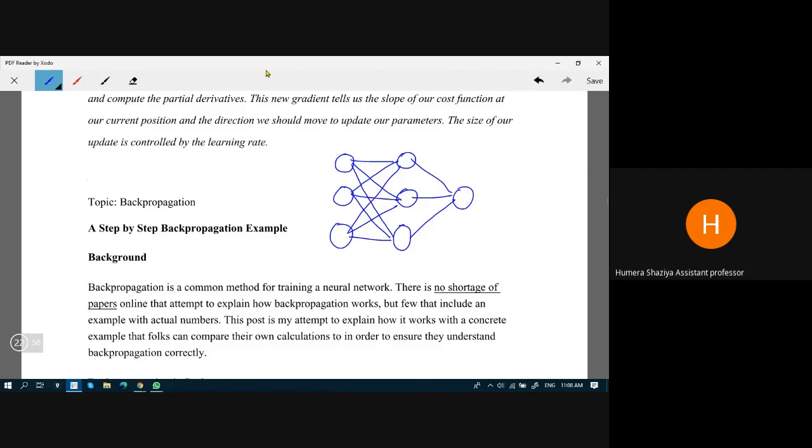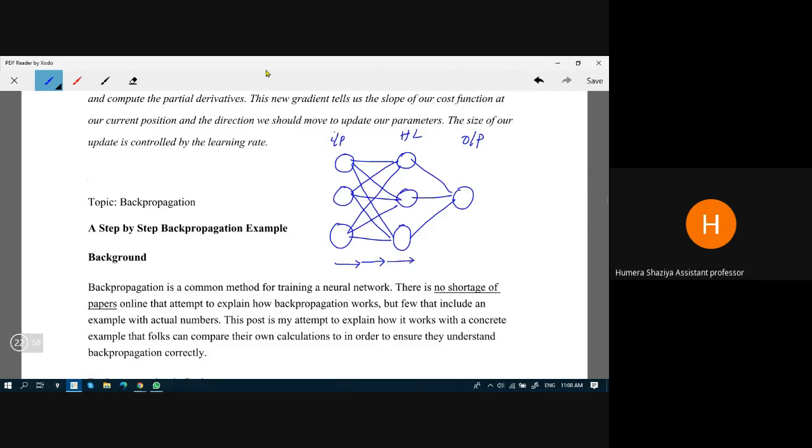Initially input is given. This is input, this is hidden layer, this is output. Input is given and it is fed in the forward direction.